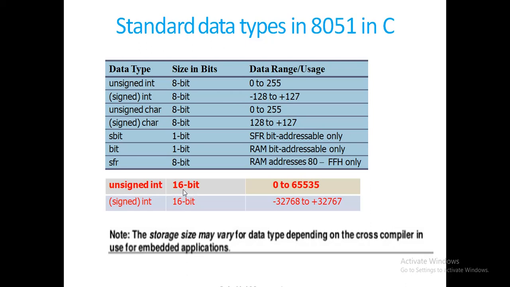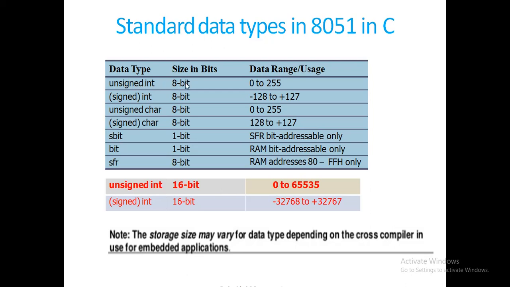Some cross compilers can support 32 bit also. If it is 8 bit, what is the data range? It is 0 to 255. If it is 16 bit, it is 0 to 65,535. For better understanding I choose 8 bit here, but generally these days compilers use 16 bit minimum as well as 32 bit.